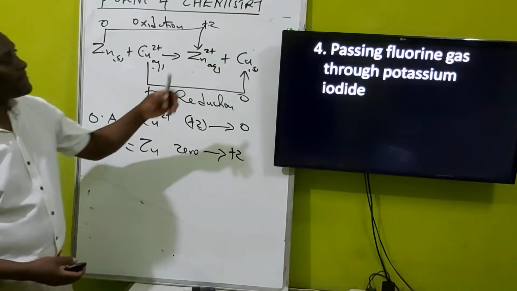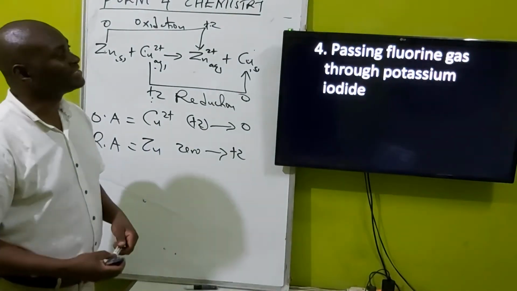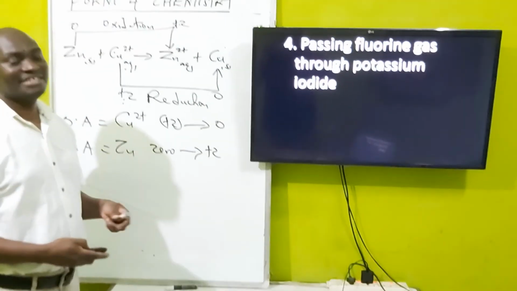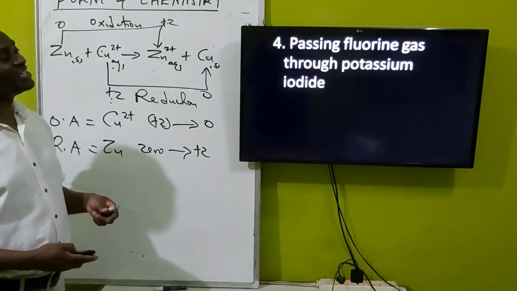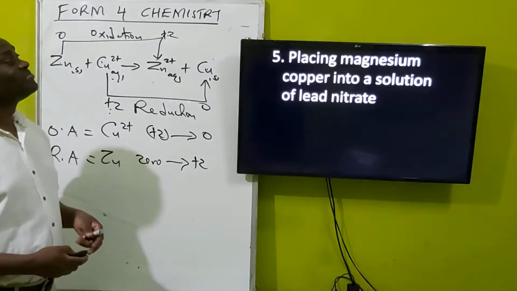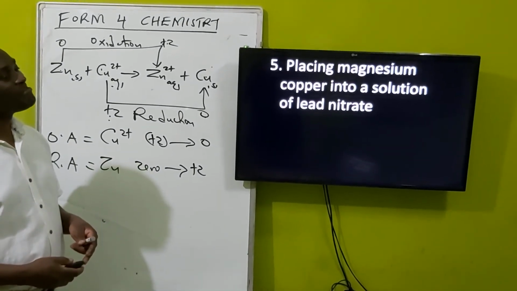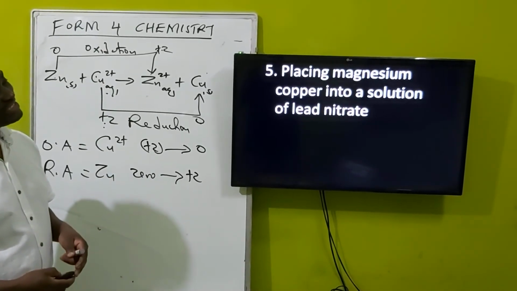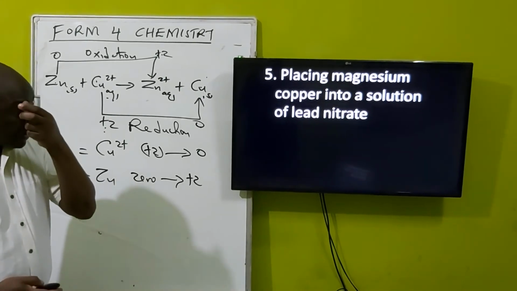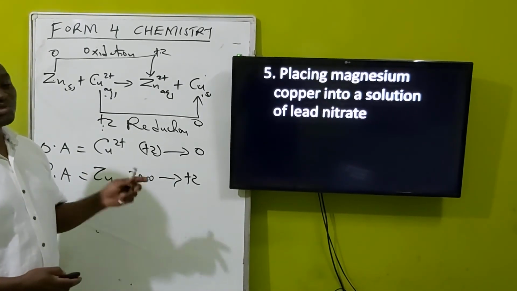And so, make sure you attempt this: passing fluorine gas through potassium iodide, placing magnesium and copper into a solution of copper 2 nitrates.